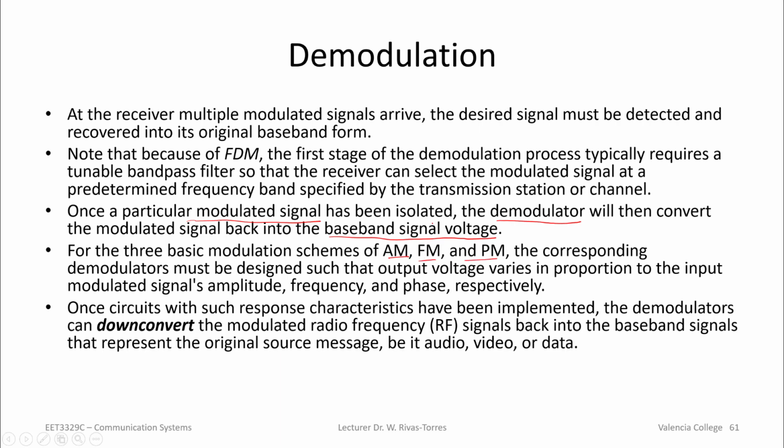So our demodulator has to correspond to whatever modulation we use initially to transmit. If you modulate with AM, you demodulate with AM, which makes sense. But let's make sure that we understand the concept. We go from AM to AM or FM to FM. These things have to be compatible with each other.